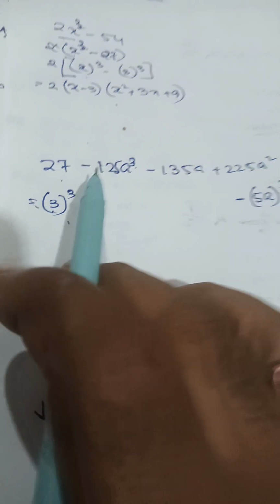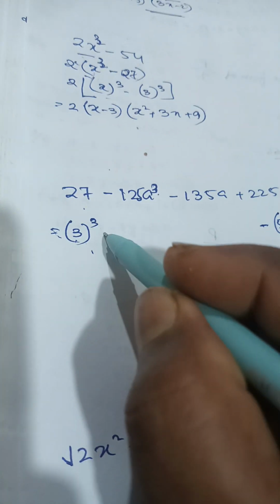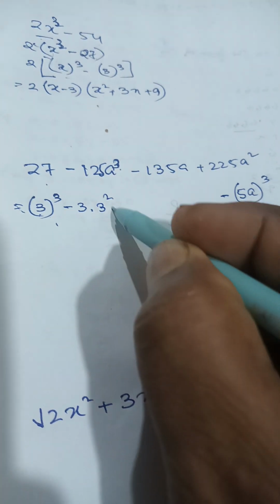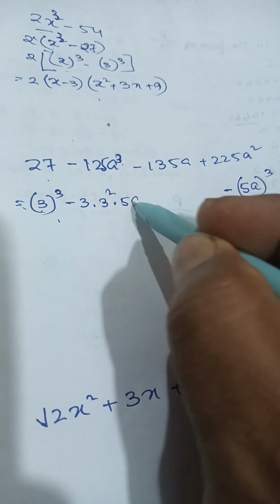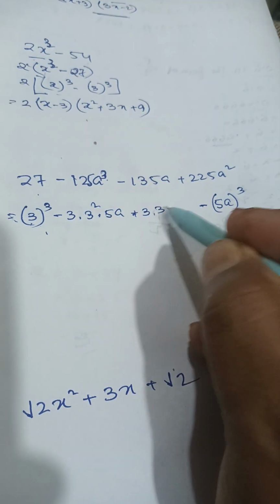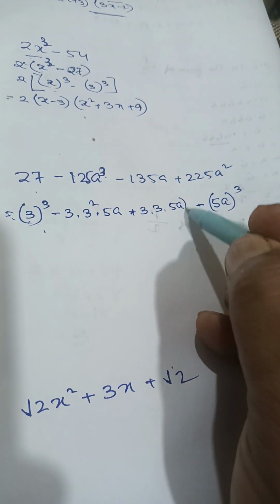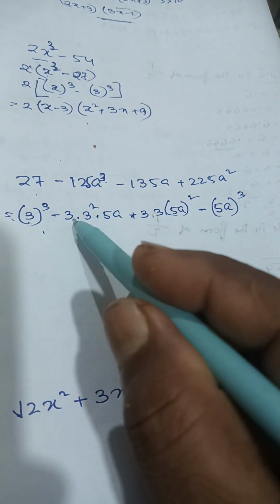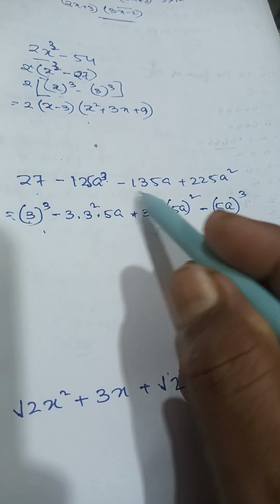So the total formula will be a cube minus 3 a square b, where b is 5a, plus 3 into a into b square. If you break it, 9 into 3 is 27, 5 is 135. This is minus 135.